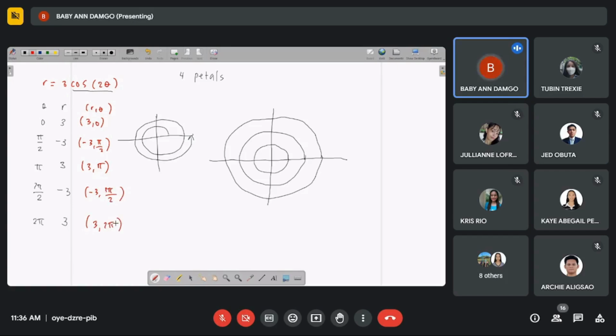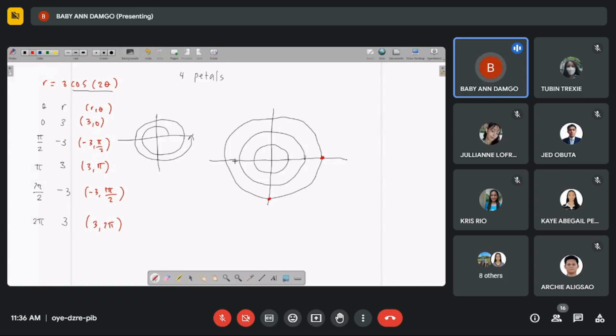Okay, so first, when the radius is 3, we have 0. So this one. And then we have pi over 2, and we have a negative 3, so it is here, class. Okay? This point is 3 pi over 2. Since it is negative, it is the opposite. Next is 3 pi.